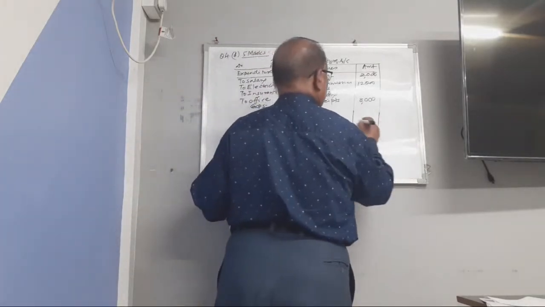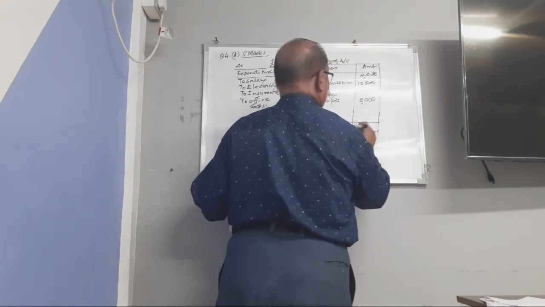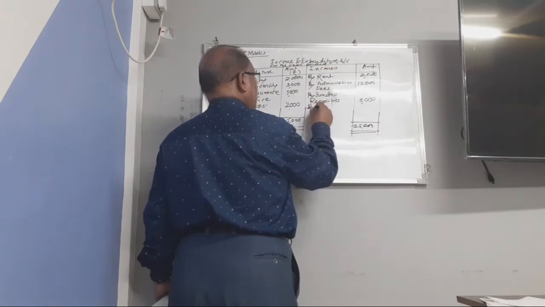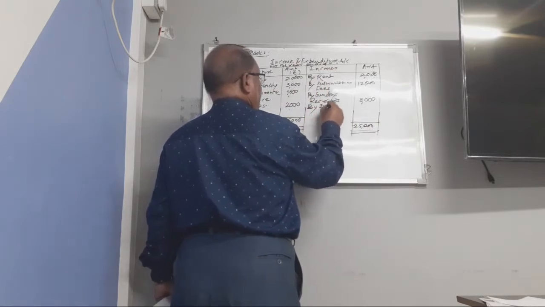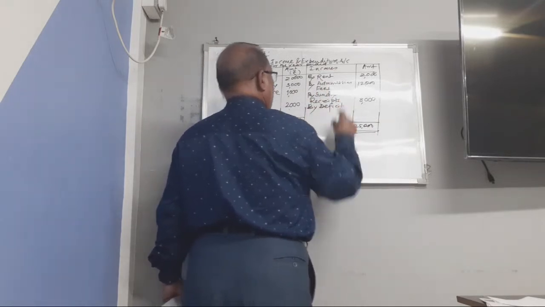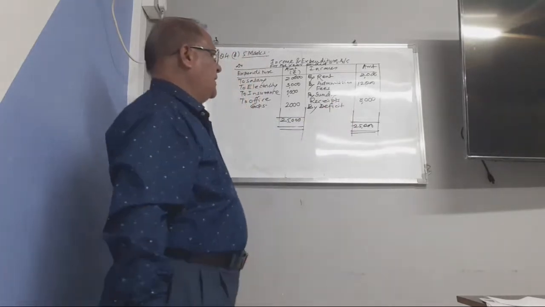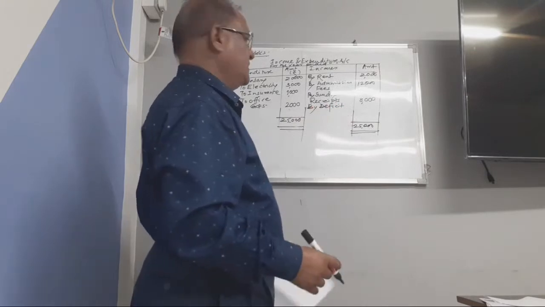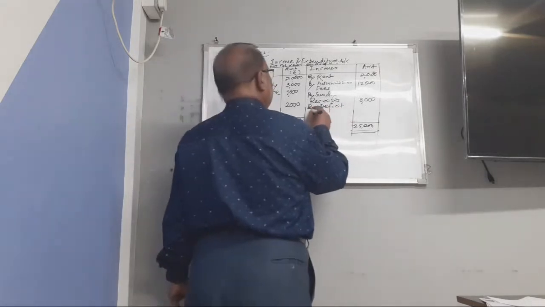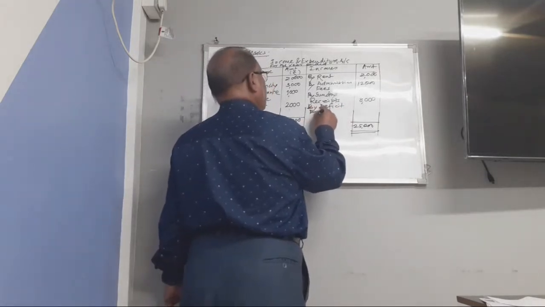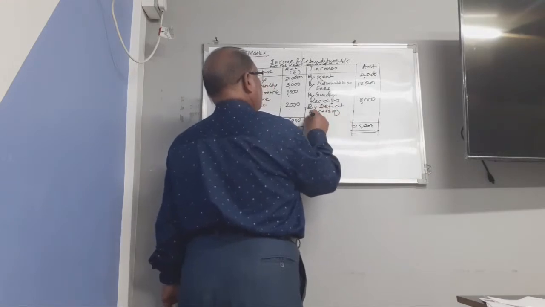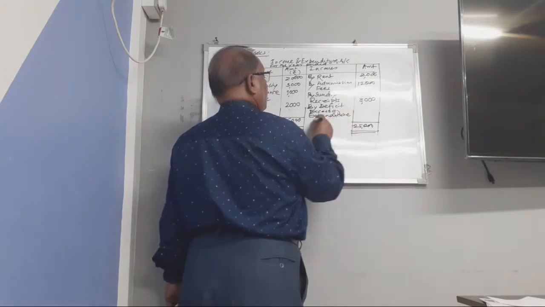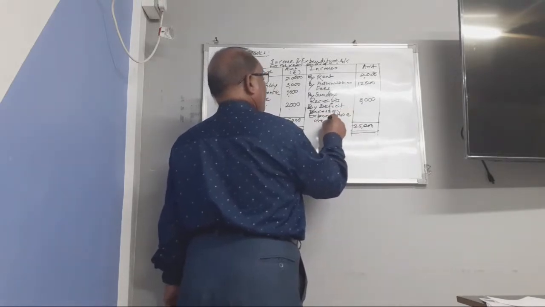Putting the same 25,000 on the credit side, by deficit. What is deficit? Excess of expenditure over income is deficit. What is surplus? Excess of income over expenditure is surplus. You will get your deficit in brackets, the excess of expenditure over income.